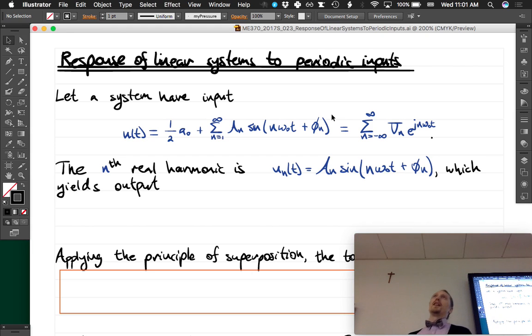So, like I said last time, you can use the idea of superposition to apply all that we learned about frequency response functions, not only to sinusoidal input responses, but any sort of periodic input responses, which makes all that frequency response function stuff way more powerful than it would be otherwise.